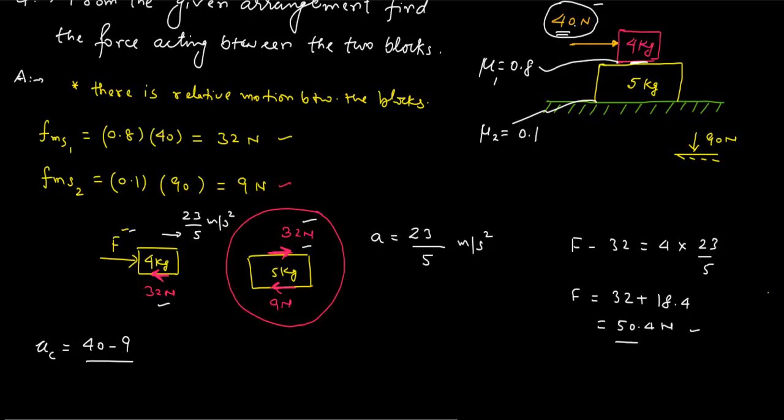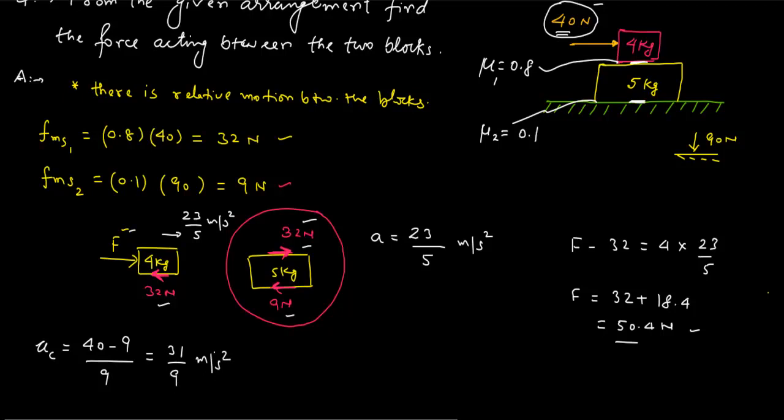The only force acting on the system is this 40 Newton, and the force here is the force of maximum static friction that has reached, and that is 9 Newton. So it is 40 minus 9, and the mass of the system is 9. So the common acceleration here is 31/9 meter per second square.